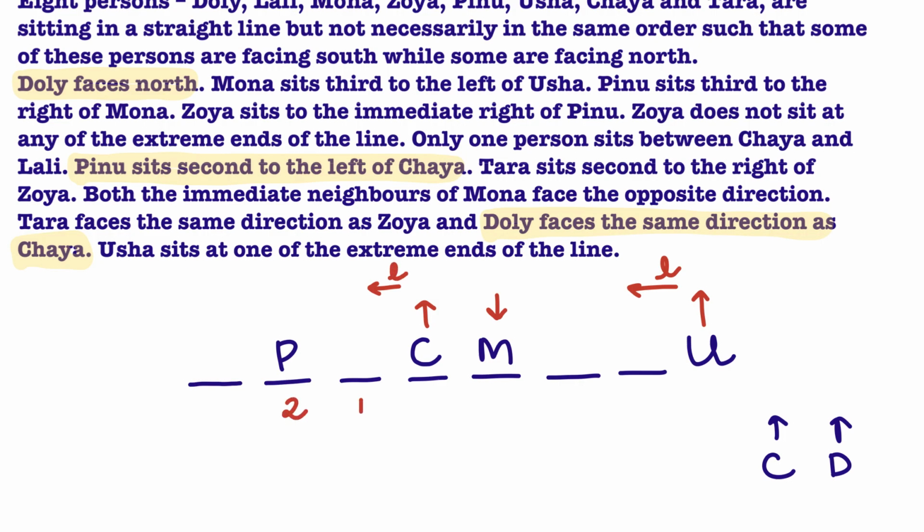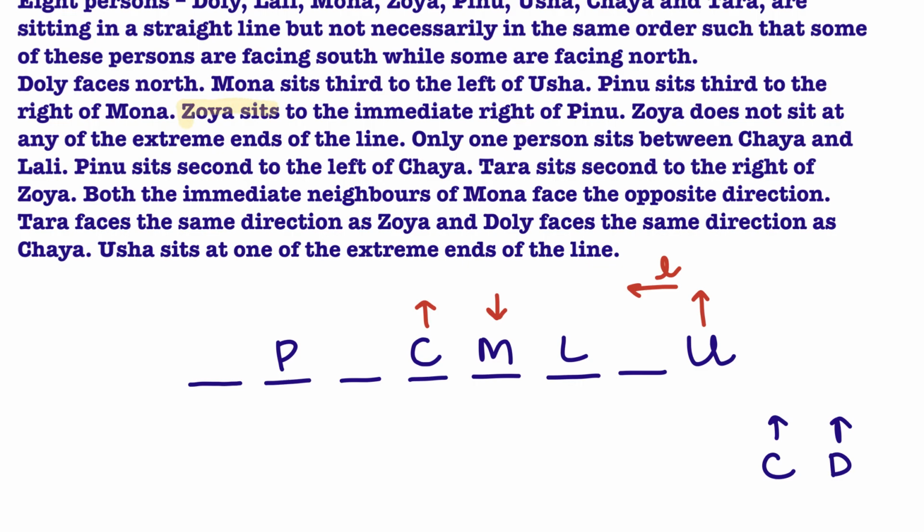First left, second left, I have Pino there, which is satisfying the condition in the question. The next sentence that is about Chaya is only one person sits between Chaya and Lali. So this tells me that Chaya and Lali should be here, so that there is only one person between Chaya and Lali.